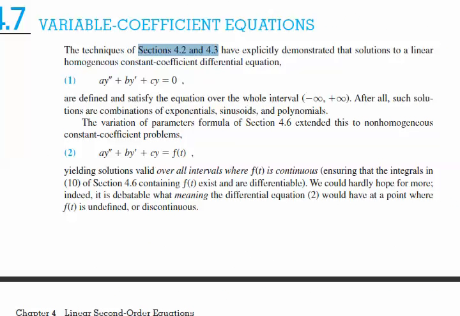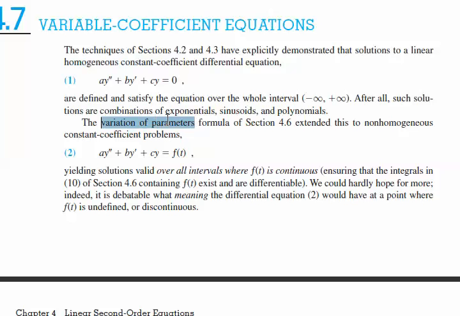In sections 4.2 and 4.3, we found solutions to homogeneous constant coefficient differential equations, with constant coefficients A, B, and C. We found that all such solutions are combinations of exponentials, sinusoids, and polynomials.